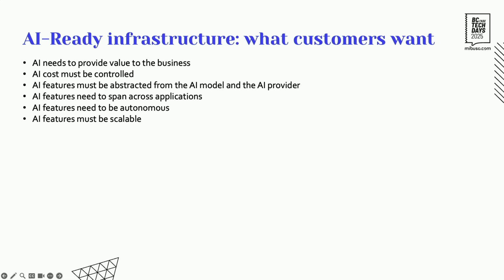So these are all a set of misconceptions the customer has. And usually I see that what customers want is, first of all, obviously, an AI solution that provides real value to their business, not a generic AI solution. Second, they want to control the AI cost. So I want a solution where I can have predictable cost, not unpredictable cost.